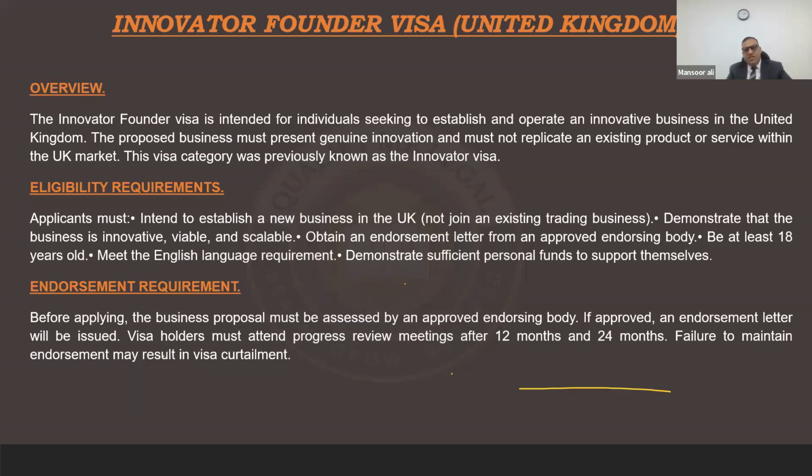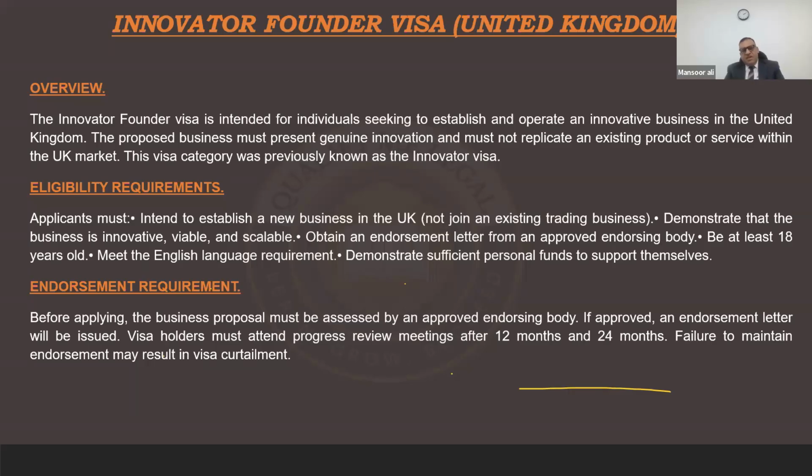If you are a chef with an amazing idea within the category of innovation, and your idea is backed up with a proper business plan and bank statement, then you can satisfy the endorsement body at the first stage. If this idea has been approved, then you can straight away launch it within the UK.